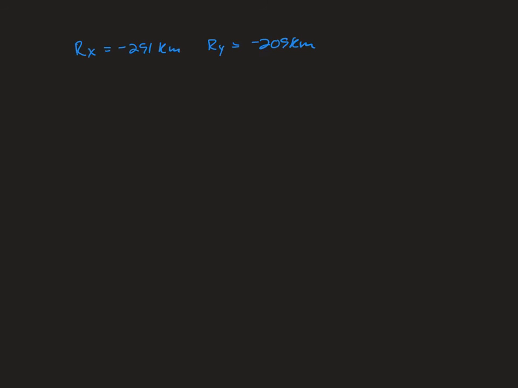Alright, so now that we have the components of our result, we are going to draw our new coordinate system. And I'm going to start with the x. So R of x is negative, so I'm going to draw along the negative x-axis, so this would be R of x. And I'm going to draw R of y off of the tip of R of x. So it's a negative, so I'm going to draw downward. And I'm going to connect to get R and the angle in here.